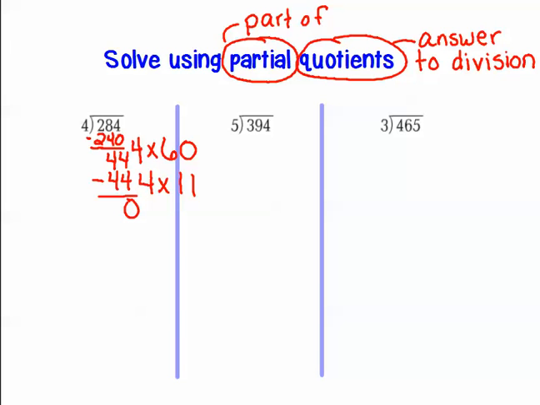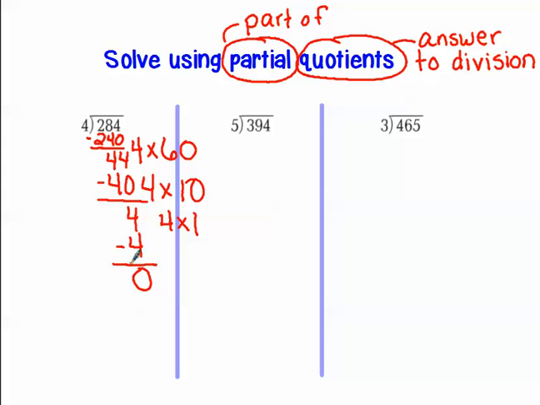And so another way to think of it is 4 times 10 gives me 40. And subtract, 4 is left over. Oh, well, 4 times 1 gives me 4. Subtract, now I'm down to my 0. And I can still come up with the same answer.